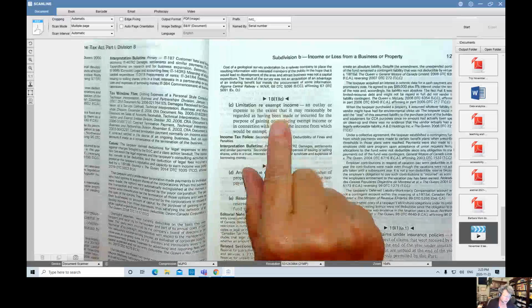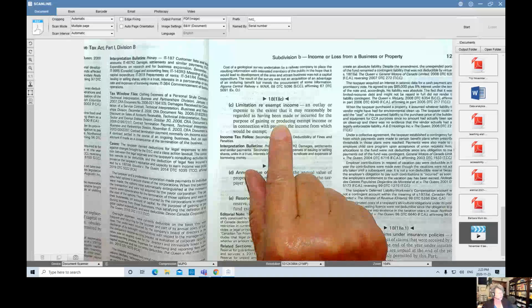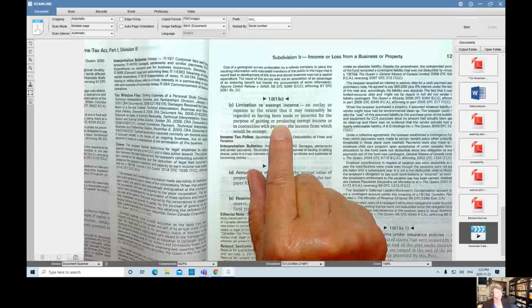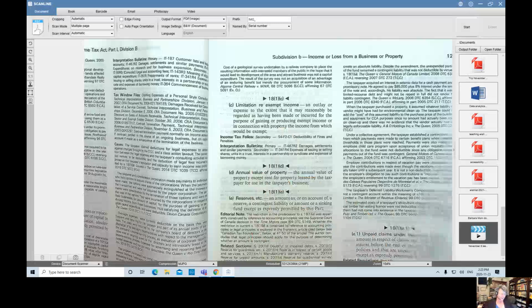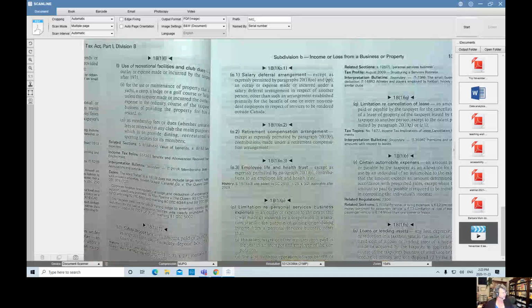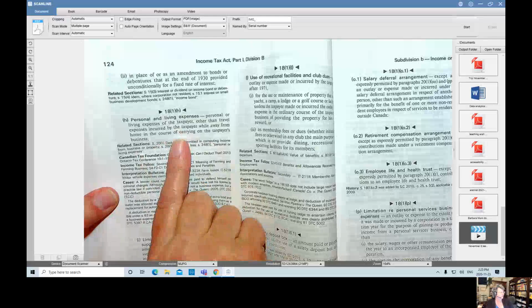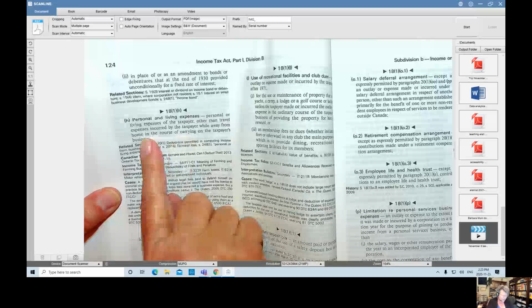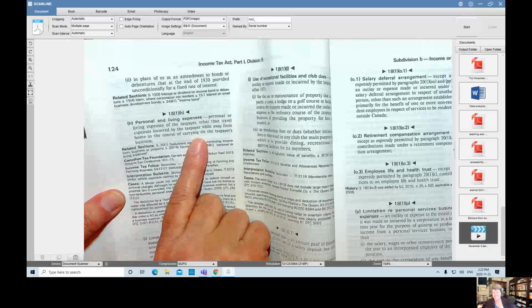Outlay or expense to the extent it's incurred for the purpose of gaining or producing exempt income. What we're saying here is if the income is not taxed, they're not going to give you a deduction. Logically, if I'm not going to tax the income, I won't give you a deduction. So again, you can go through this section. Another one, personal living expenses. If the cost is personal, they're not going to give you a deduction. They say other than travel while away from home in the course of the business, well, that's not personal, right?